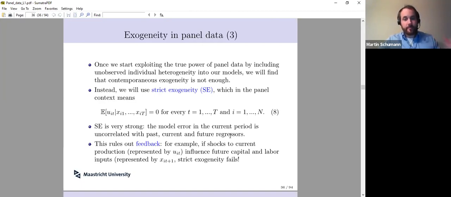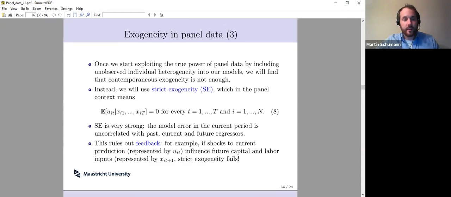What is an example of feedback? Production is the y, and a shock to production is represented by the model error.